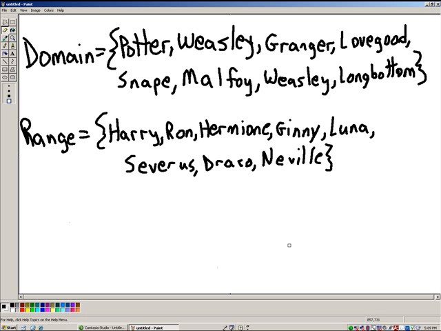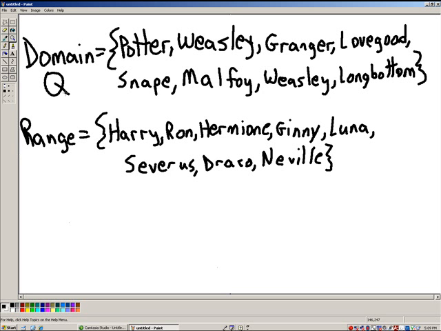Whose last name is Potter? Well, that would be Harry. Whose last name is Granger? That's Hermione. Last name is Lovegood. That's Luna. Last name is Snape. That's Severus. Last name is Malfoy. That's Draco. Last name is Longbottom. That's Neville. So far, we've only had one answer every time we've asked a question.